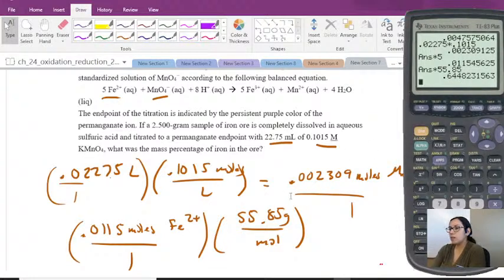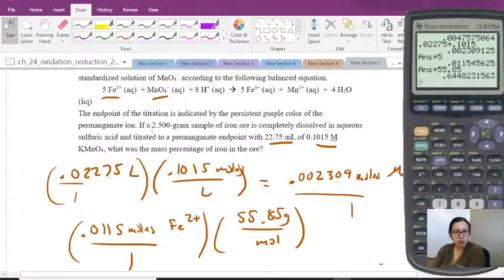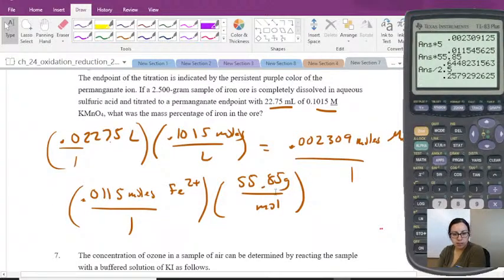So I see some nods from people. And then the last step, well, we started with a 2.5 gram sample. So we want to know percentage. So divide that by 2.5. And so we get about a 25% or 26% mass percentage of iron.